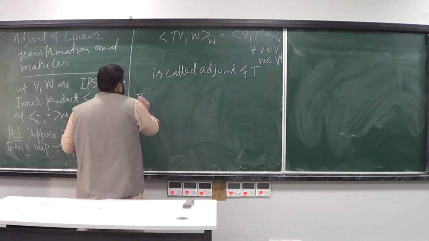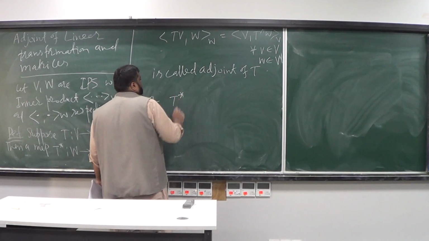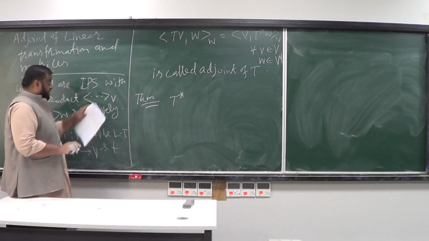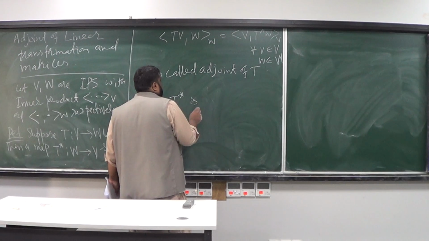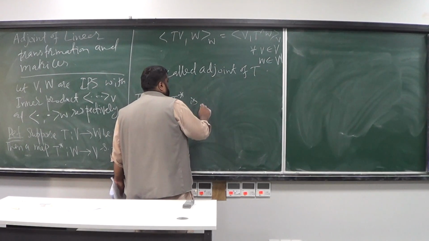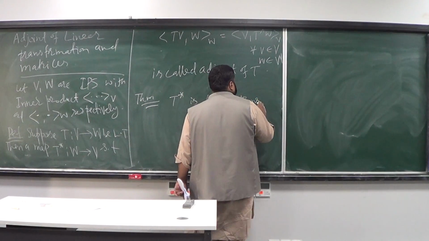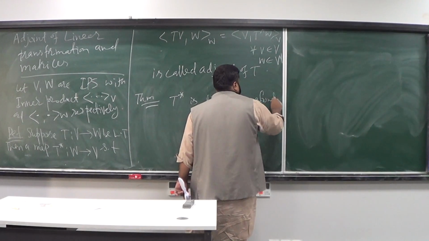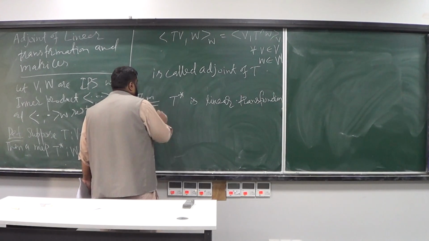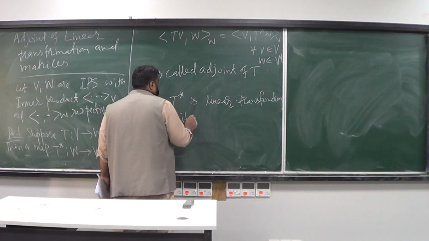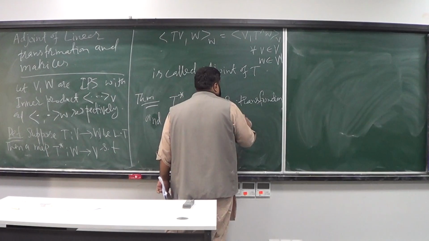So here's the theorem. It says that T star that we have defined in this manner is a linear transformation itself, and if T star exists for a linear transformation, it is unique actually.